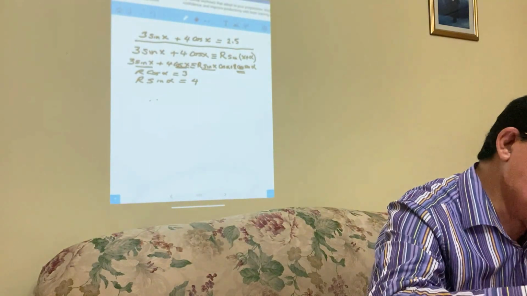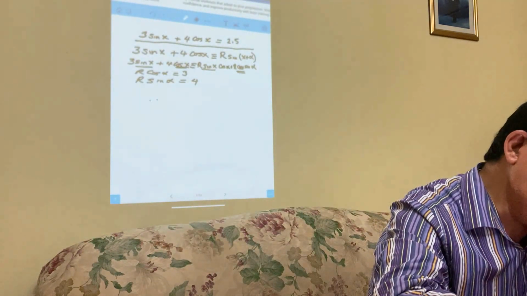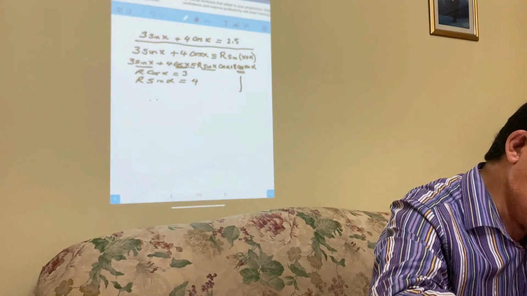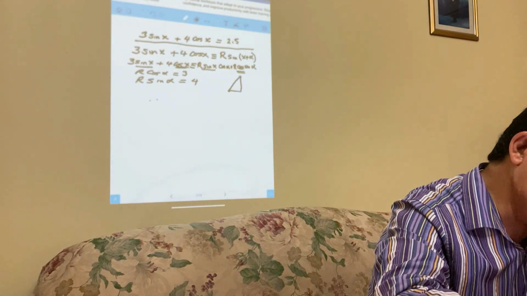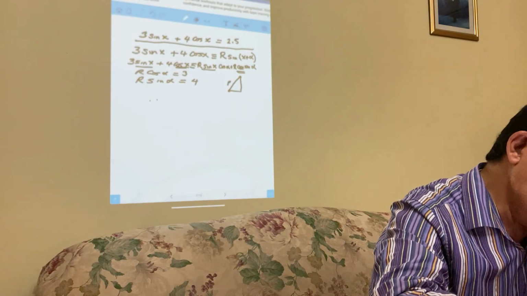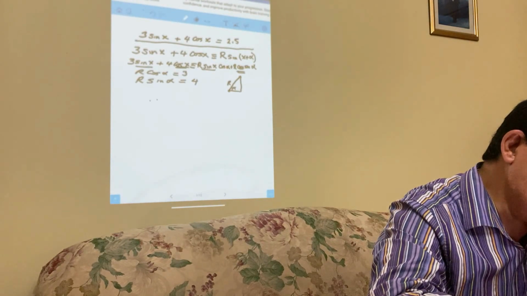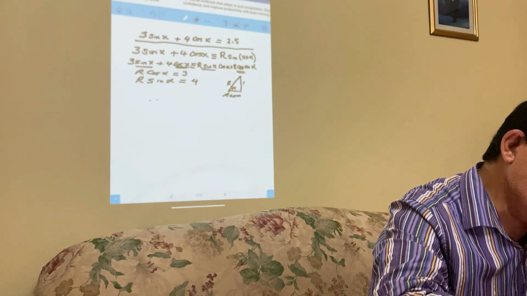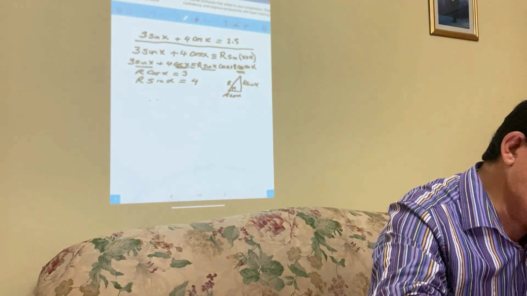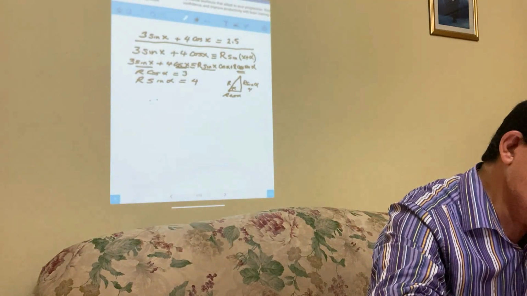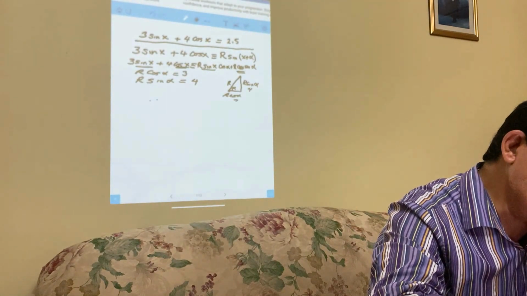If we imagine that we have r, and this is angle alpha, then this is r cosine alpha, and this is r sine alpha. This one, r sine alpha, is 4, and r cosine alpha is 3.